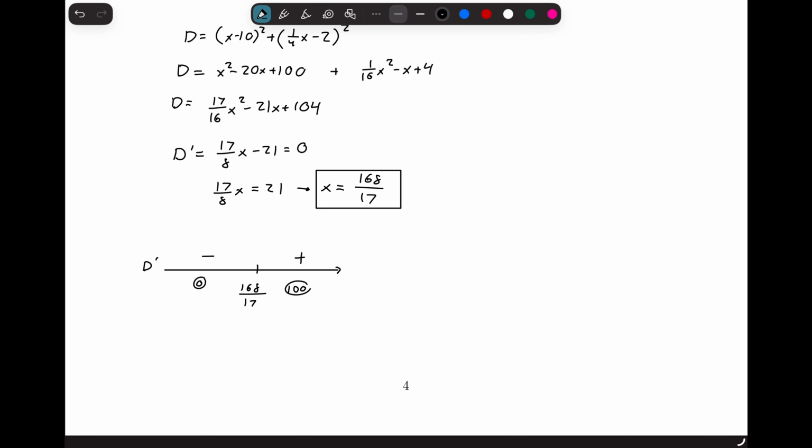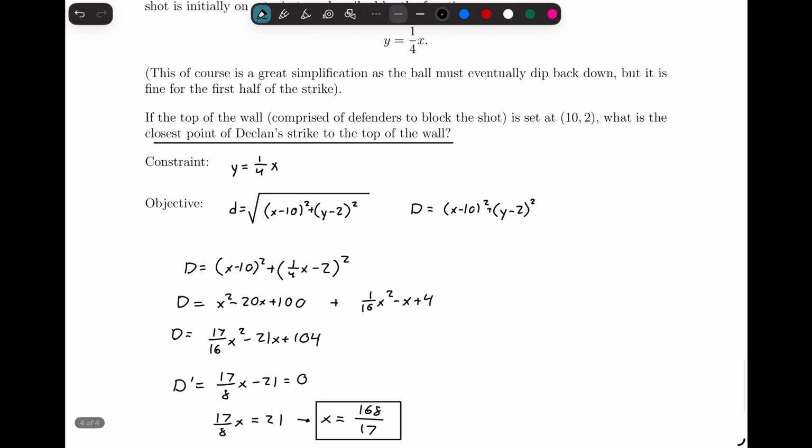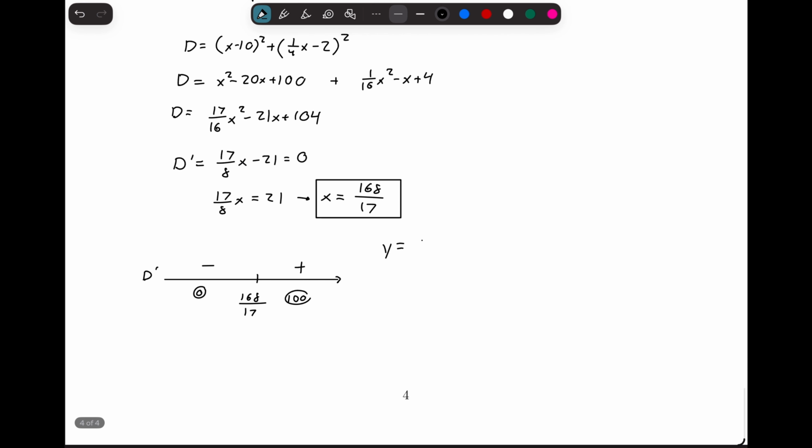That's the first point. And then back to our initial constraint function, y equals 1/4 x. y equals 1/4 of 168 over 17. Once again, skipping a little bit of arithmetic, we have 42 over 17.